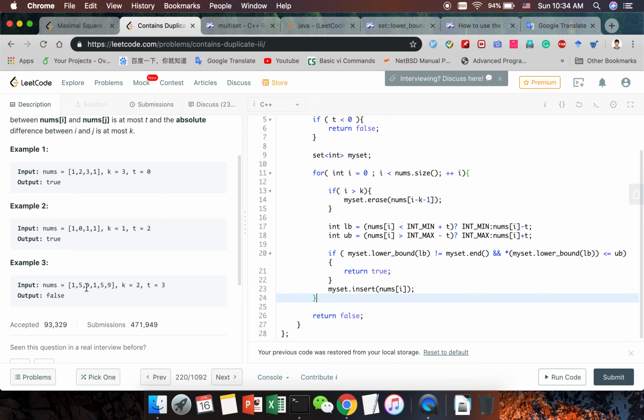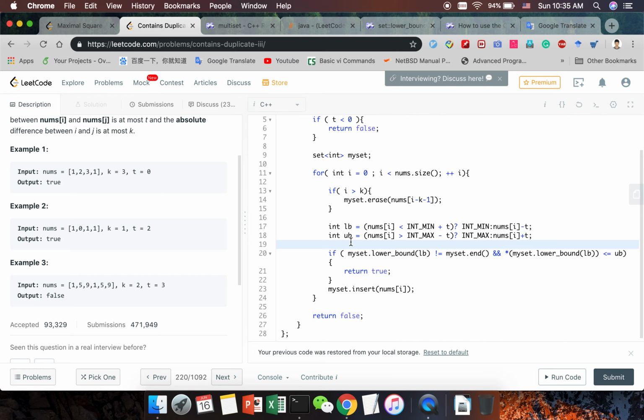And then we consider 9. When i equals 2, it is still not greater than k, so it's still in the first window. So we calculate the lower bound and upper bound of 9, which are 6 and 12, right?